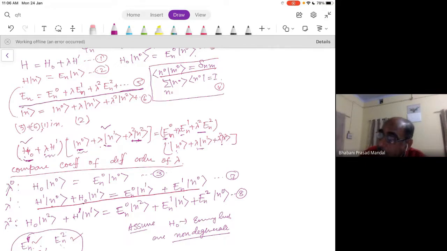So we go by calculating this term we already know, then we calculate this term, then this term. This is the idea. And this term's contribution is the most because lambda is very, very much less than 1. So lambda E_n^1 is much greater than lambda squared E_n^2.